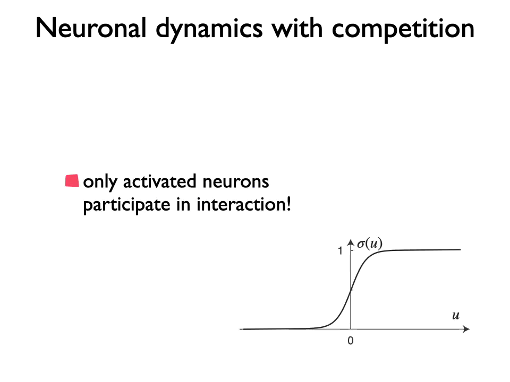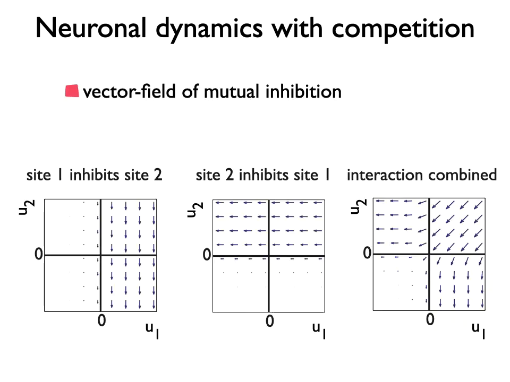Well, we first have to remind ourselves that only neurons that are positive in activation contribute to interaction through the sigmoid. So here is a sketch of the contribution that competition makes to the vector field. For instance, if neuron number 1 inhibits number 2, that's a contribution where to the vector field for U2 you add a negative vector pointing down to negative levels of U2, but that vector is only present while U1 is positive.